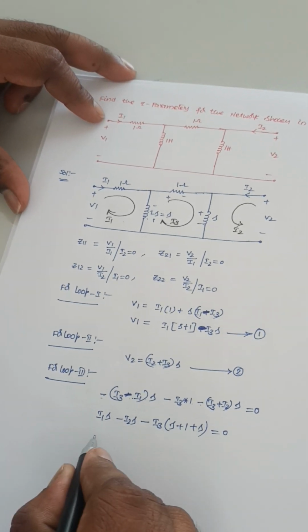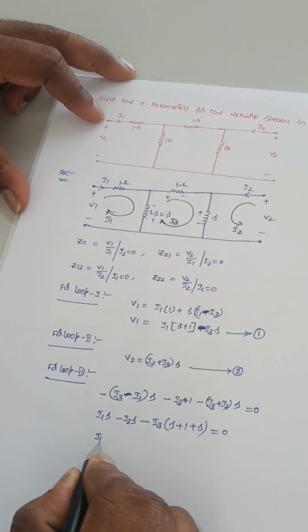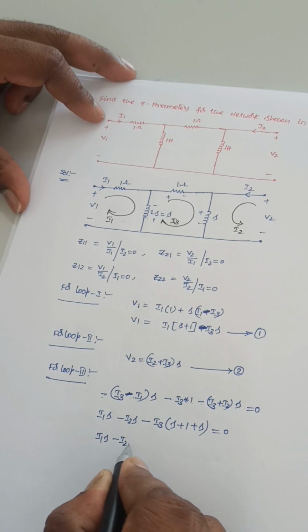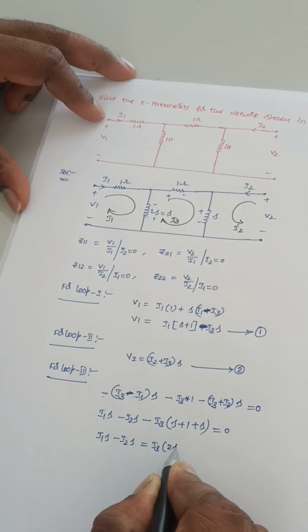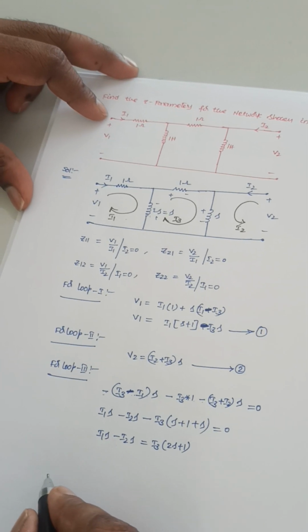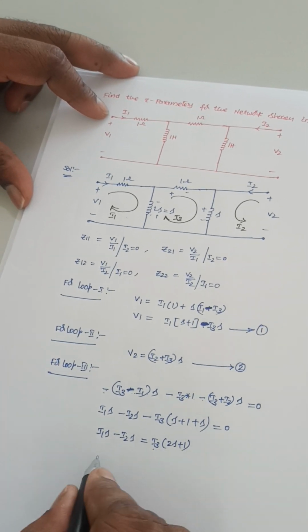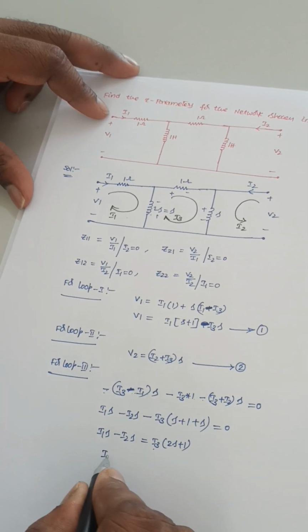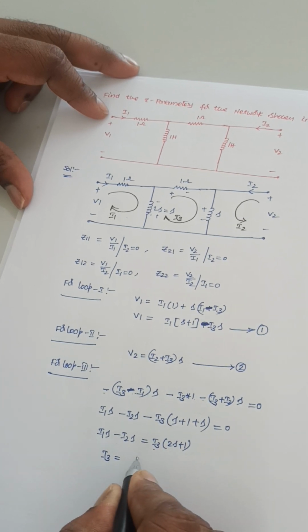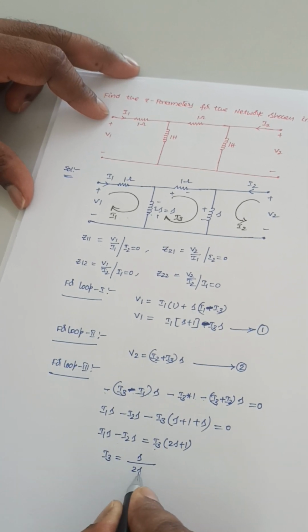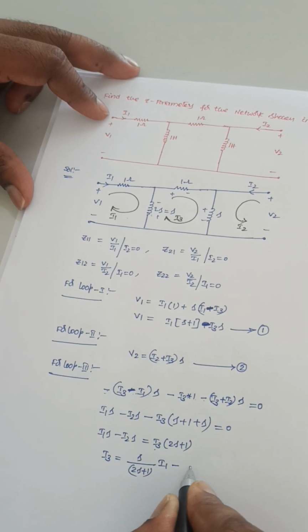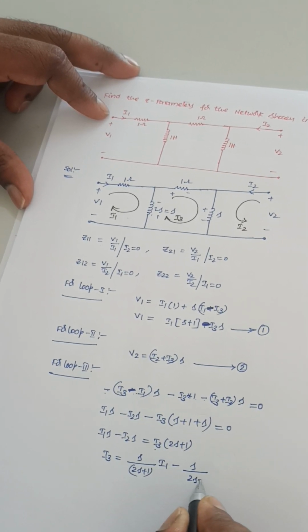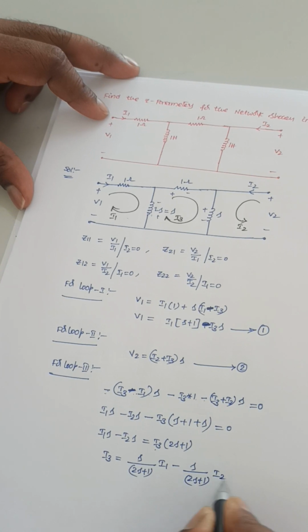So I can rewrite this equation as I1S minus I2S is equal to I3 into 2S plus 1. From this I can write I3 is equal to S divided by 2S plus 1 into I1 minus S divided by 2S plus 1 into I2.